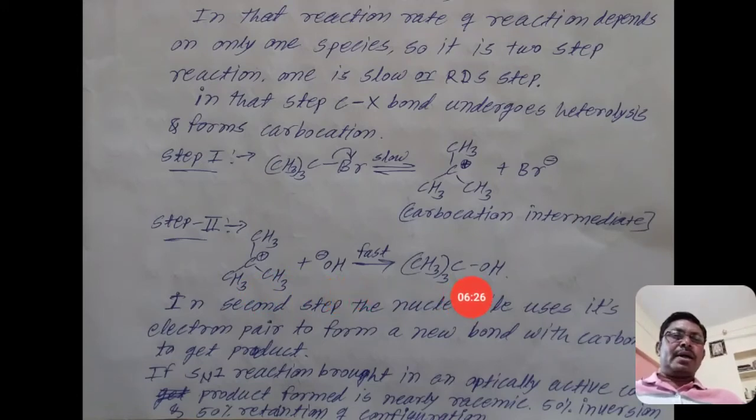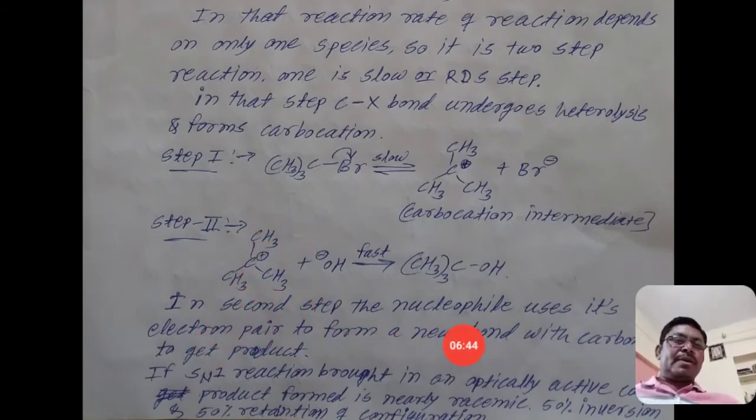We get a new compound, an alcohol, that is tertiary butyl alcohol. It is a two-step reaction in which the rate depends upon the concentration of only one species, so it is an SN1 reaction.